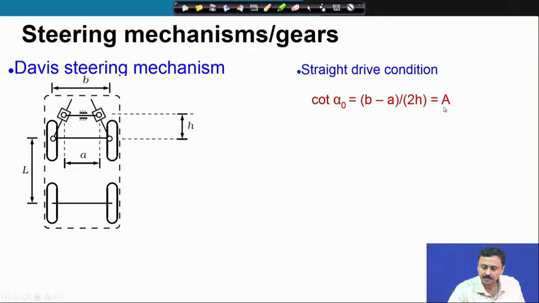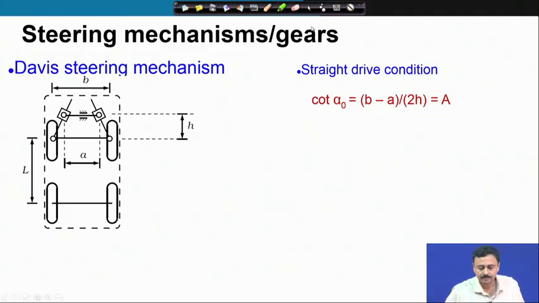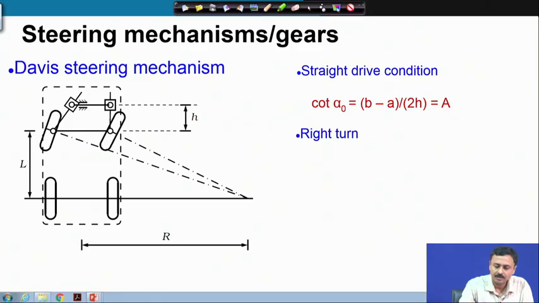Let us name this as A, because these are all constant: b is a constant, a is a constant, h is a constant, we call that as A. Now, let us look at this right turn situation. This bar has been pushed to the right.